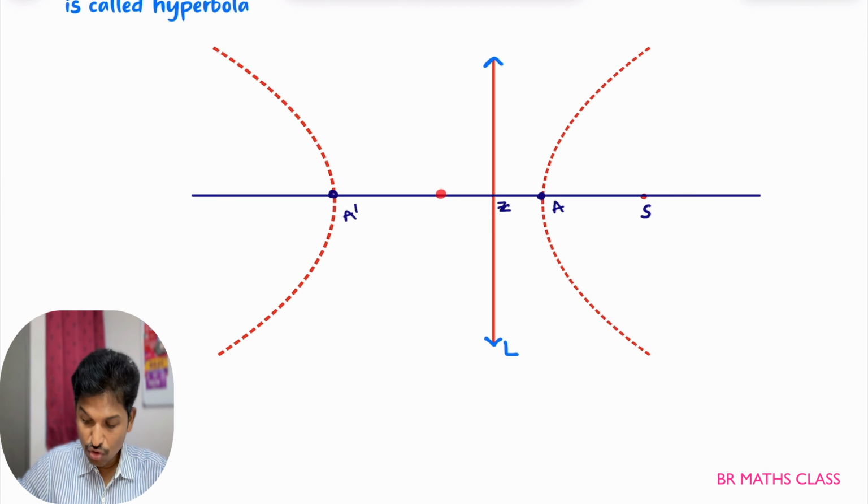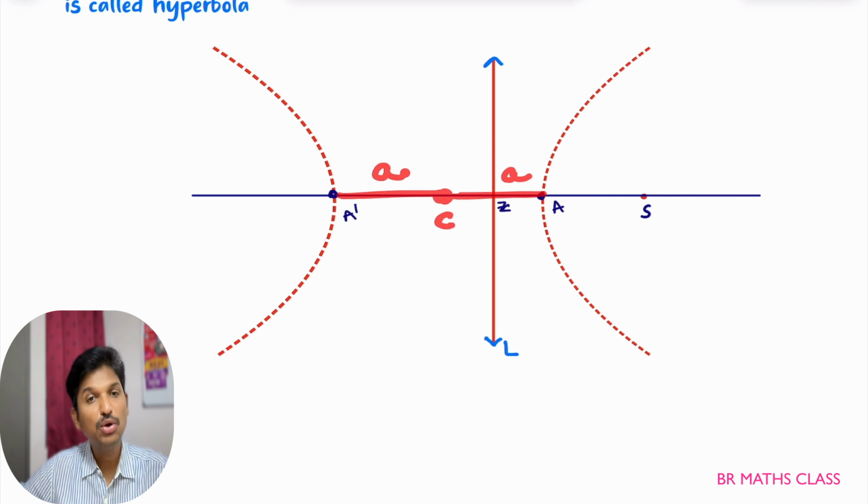Okay. Now you observe this AA dash. I'll take the midpoint of AA dash. Let C be the midpoint of AA dash. You name the midpoint of AA dash as C and you take CA as a. Then what is CA dash?